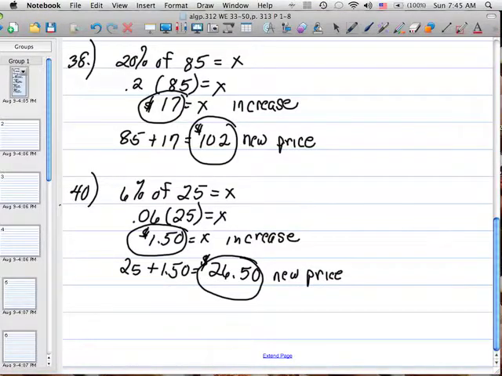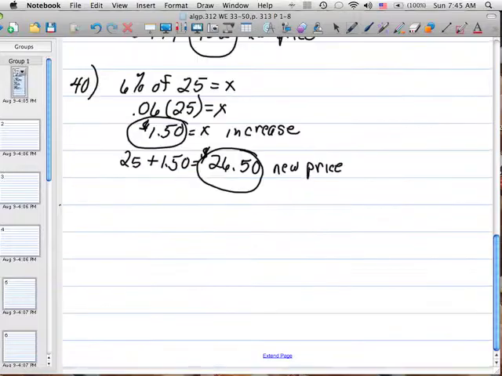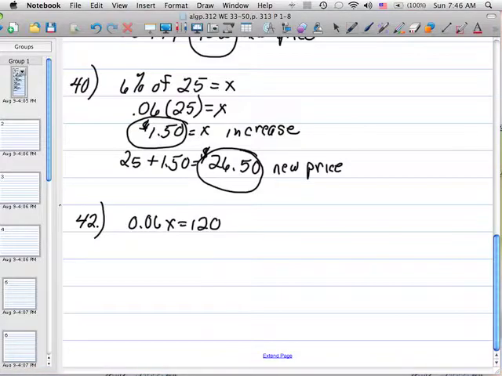The next set of problems, we're going to eliminate the decimal completely by multiplying by 10, 100, or 1,000, so that we have whole numbers to work with. So number 42, we have 0.06x equals 120. We look to see what's the most number of digits after the decimal point, and there's 2.